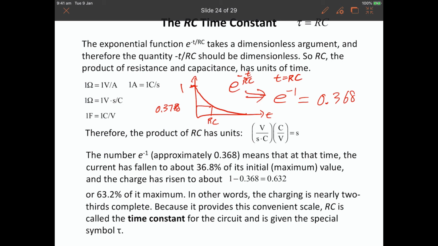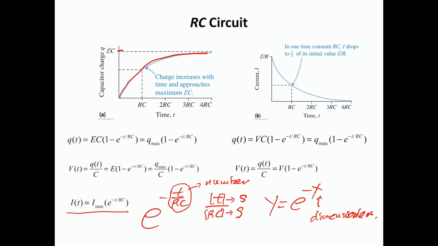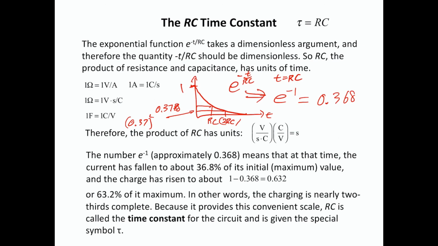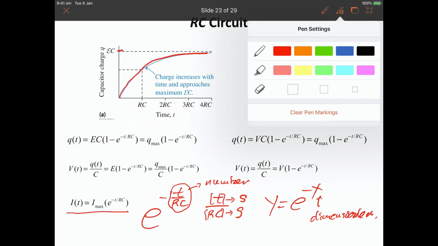So this is exponential decay. You may ask, how about 2 RC? You will drop to 0.37 squared. It means another drop. So this is how we look at exponential decay.